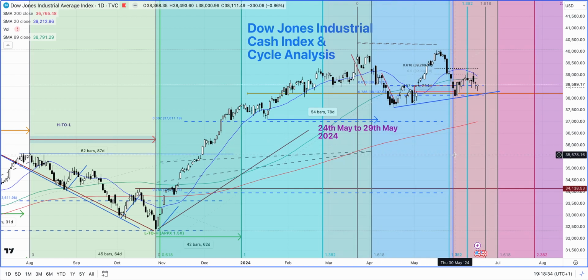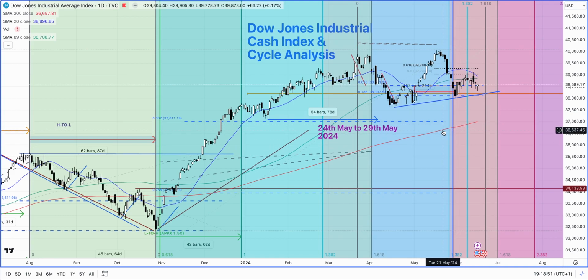Around the 30th of May in Dow Jones and 31st of May in NASDAQ, for example, an important low came in those markets, and the NASDAQ has moved much higher, taking out the previous highs.